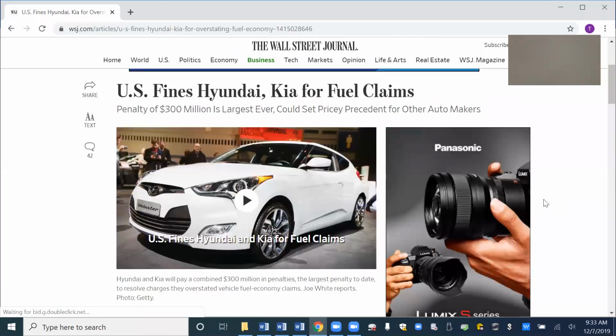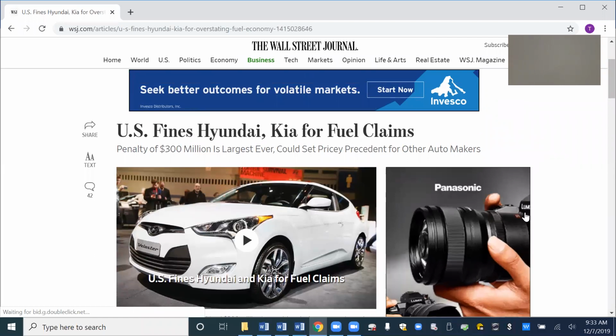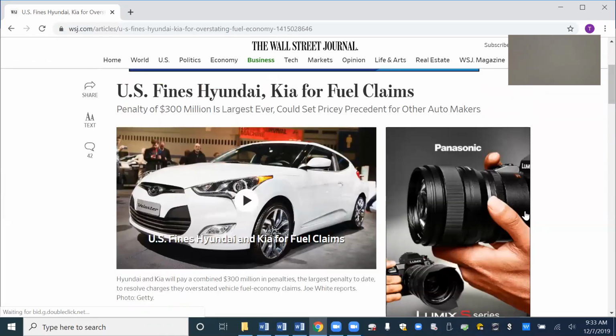If we look at the case against Hyundai and Kia, in 2014, they were assessed $300 million for overstating the mileage of their cars. And how did the government prove their case? Anybody want to wager a guess? Hypothesis testing is how they proved their case.